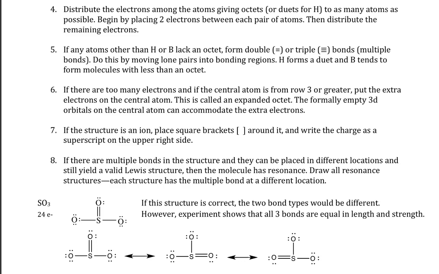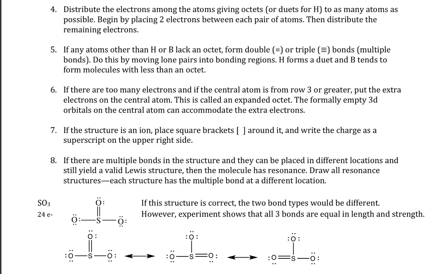Okay, so what we have in Rule 5 is, if we can't give every atom its octet, or hydrogen its duet, ignoring boron, then we start multiple bonds. Multiple bonds, in general, are just giving atoms access to more electrons than they have on their own, because you're sharing electrons.